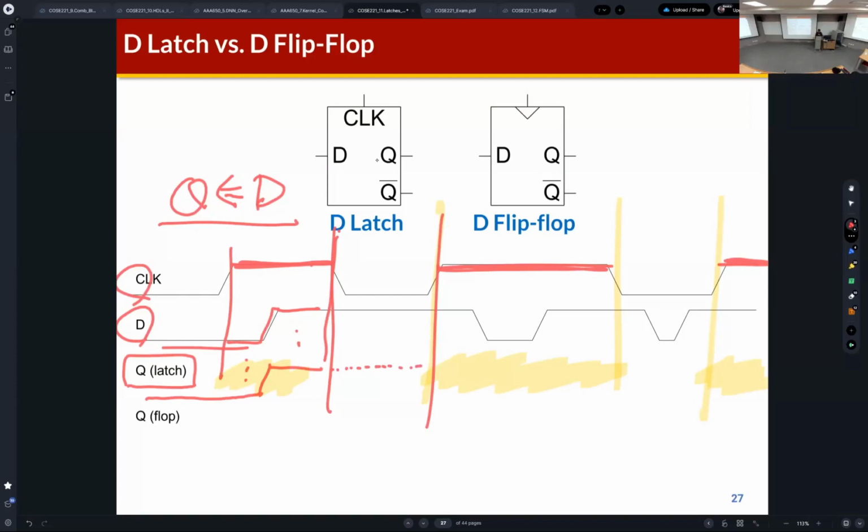Okay, and then the latch becomes transparent during this period because the clock signal is 1, right? So it's just the same as the input signal. And during this period, the clock signal is 0, which means it's opaque.